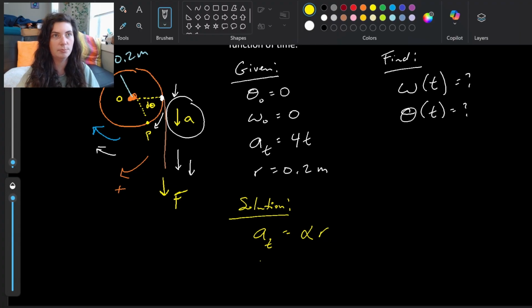So I can substitute in my 4t. 4t equals alpha times r, and I know that r is 0.2. So if I divide that over, I can get a relationship for my angular acceleration of 20 times t. And that's going to be in radians per second squared. We're going to assume that that is going in the positive direction, which here we have as clockwise.